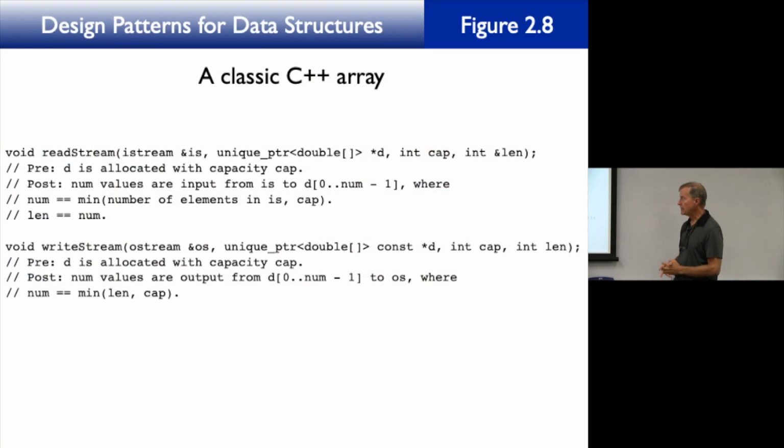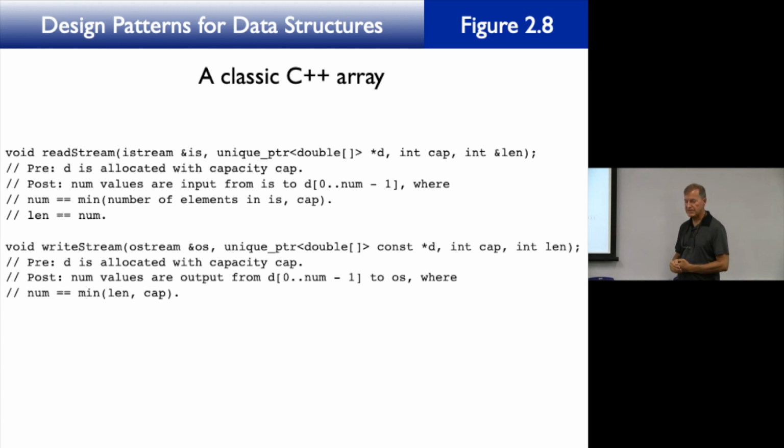What we're going to do now is introduce this phenomenon that's possible in C and C++. The way we're going to illustrate this is with a classic C++ array. I don't want to spend a whole lot of time going through line-by-line detail here, but there is a function called readStream and another function called WriteStream in this project.